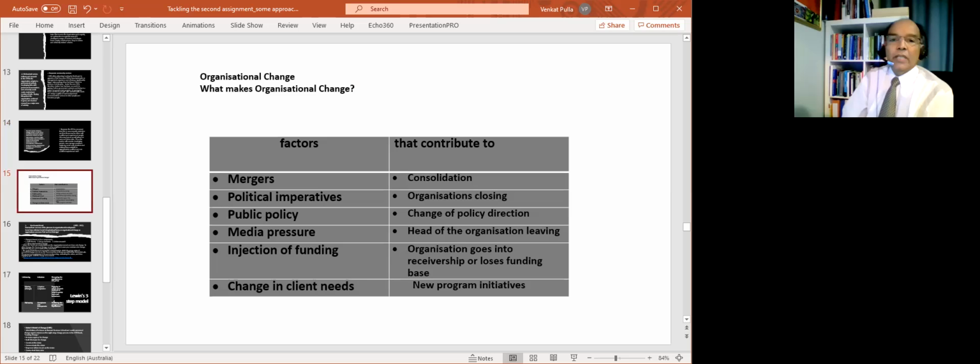Okay, organizational change. These assignments, the last two, are primarily on this. What are they about? What are the factors? Some organizations have mergers, political imperatives, public policy changes, media pressure, injection of funding or lack of funding, change in client needs, or there are no more aged and frail aged in that particular area.